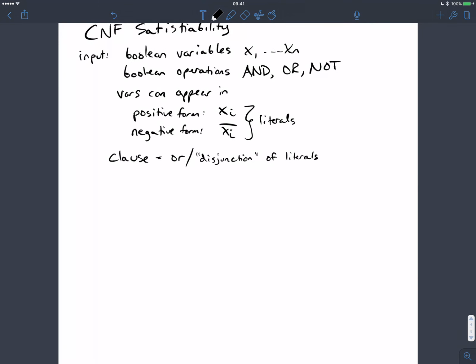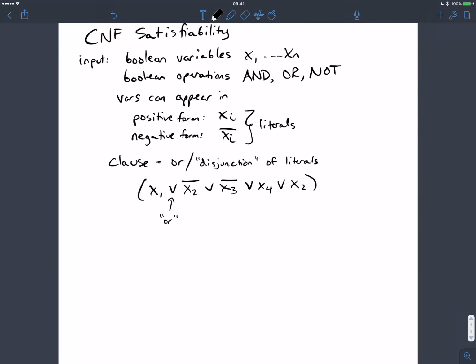So for example, I could have a clause that looks like x1, so this v right here means or, x1 or x2 bar or x3 bar or x4, let's say. Maybe I can have a repeat of the unnegated form of x2 if I wanted to. Okay? So this reads the variable x1, or not x2, or not x3, or positive x4, or positive x2.